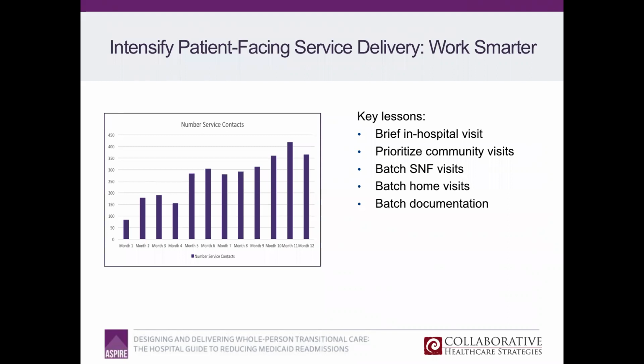And what you can see is when the team started, we were doing a lot of meetings and a lot of root cause analysis and a lot of relationship building, and we were having a lot of patients refuse our services, if you will. And so you can see we had relatively low patient-facing contacts in those first 4 months. And then we innovated, as you can see, a big jump in performance twice.